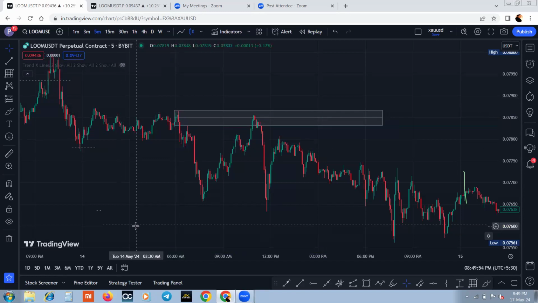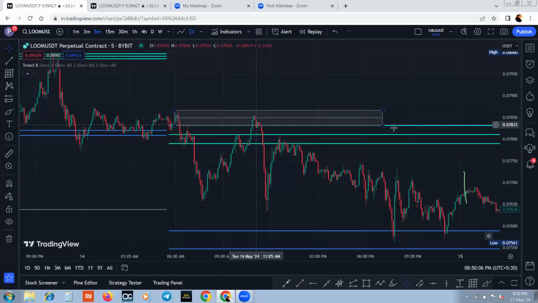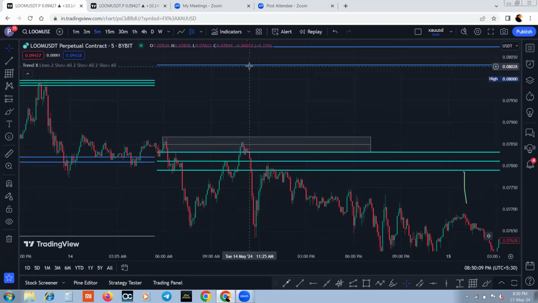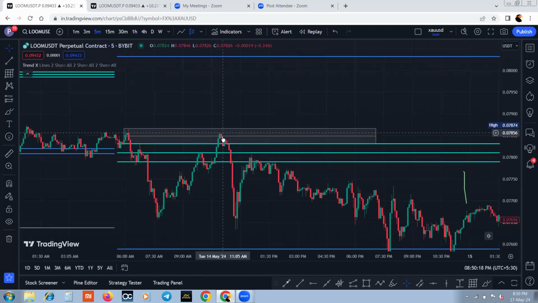If I hide this, you can see this is the high. So this will act like a resistance. When a candle closes above this, then there are more chances the market can go till here. So from here you should try a short position, but before this you have to try to take a short here.